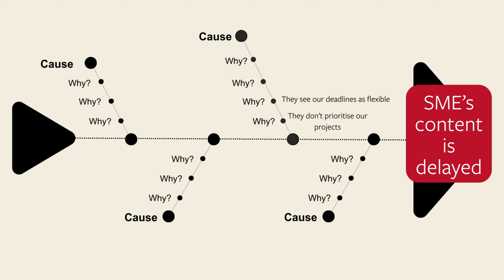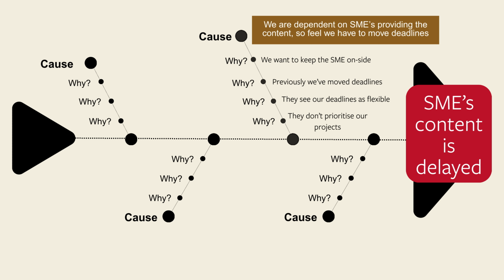Well, maybe because they see our deadline as flexible. Why? Well, because previously we may have moved deadlines. Why? Well, because we wanted to keep the SME on side. And then we have come to our root cause. We are dependent on SMEs providing the content, so feel we have to move deadlines.